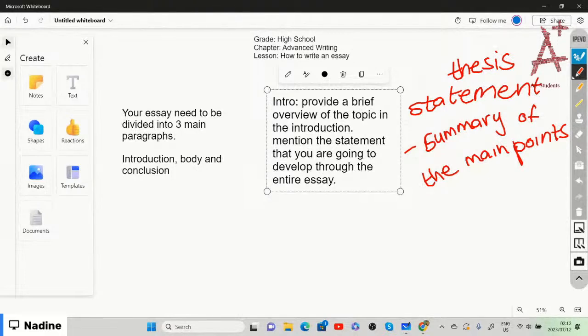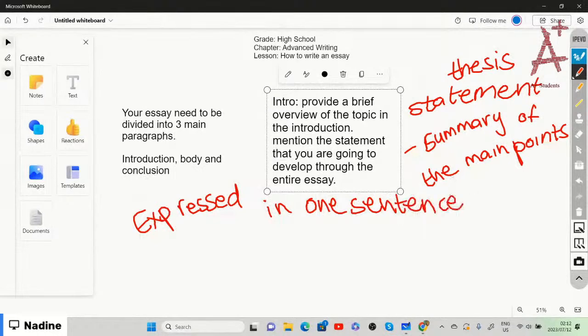And also with a thesis statement, you need to express it. The thesis statement is usually expressed literally within one sentence, right? So your thesis statement is a summary of main points and it is usually expressed in one sentence. And sometimes that very same thesis statement that you are expressing within your introduction, that one sentence, can be reiterated elsewhere.